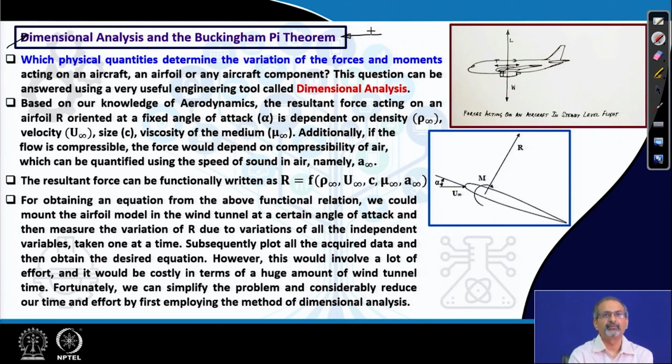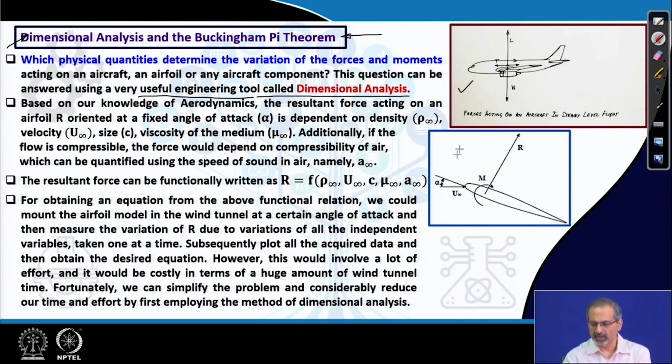We begin by saying that which physical quantities determine the variation of forces and moments on an aerodynamic body like an aircraft or an airfoil or an aircraft component, etc., can be answered better if you make use of this very useful engineering tool called dimensional analysis.